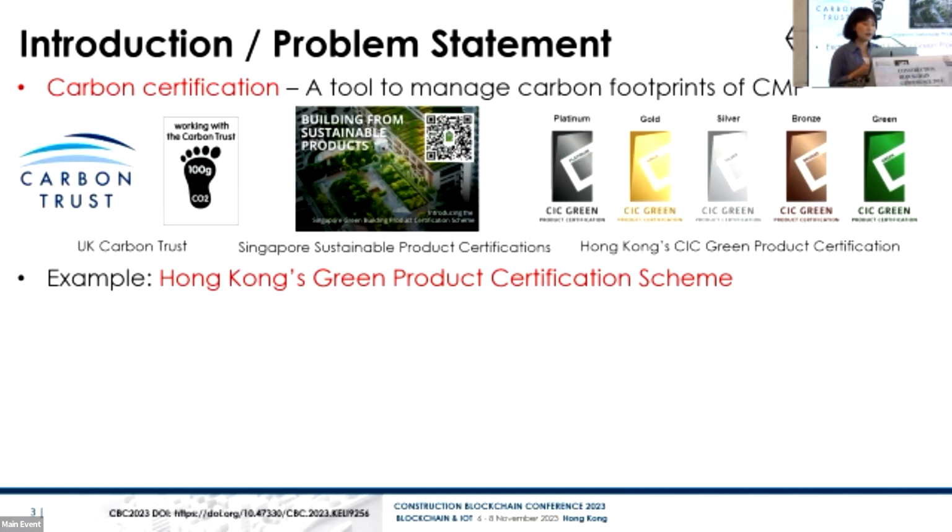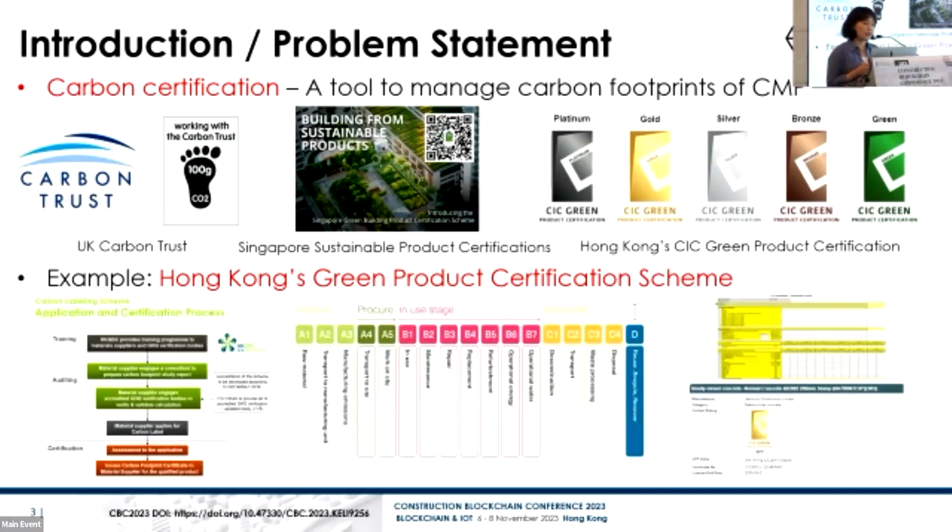Take Hong Kong's Green Product Certification Scheme as an example. We can see the whole workflow of this certification scheme, and the scope of this scheme, from the life cycle view, is around the A1 to A3 stages.